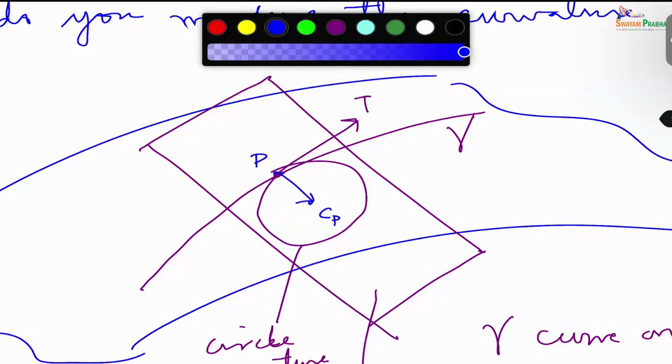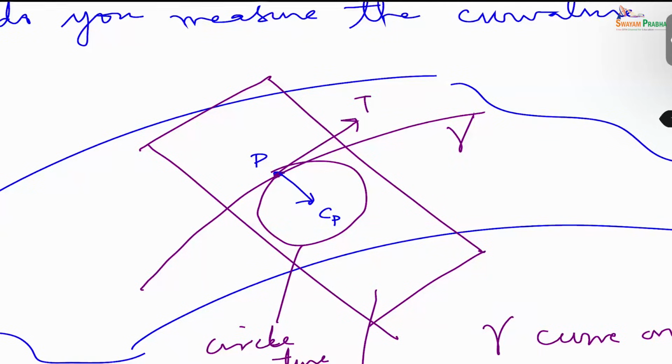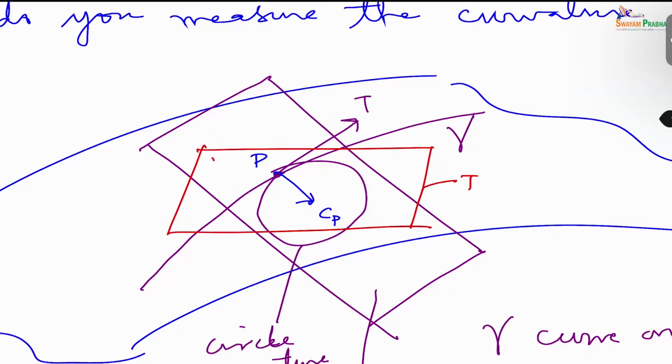Just to make matters less or more confusing, depending on how you think about it, there is actually another plane, to the surface at that point, which is the actual tangent plane. So now I have one more plane here like this. This is the tangent plane to the surface at the point.